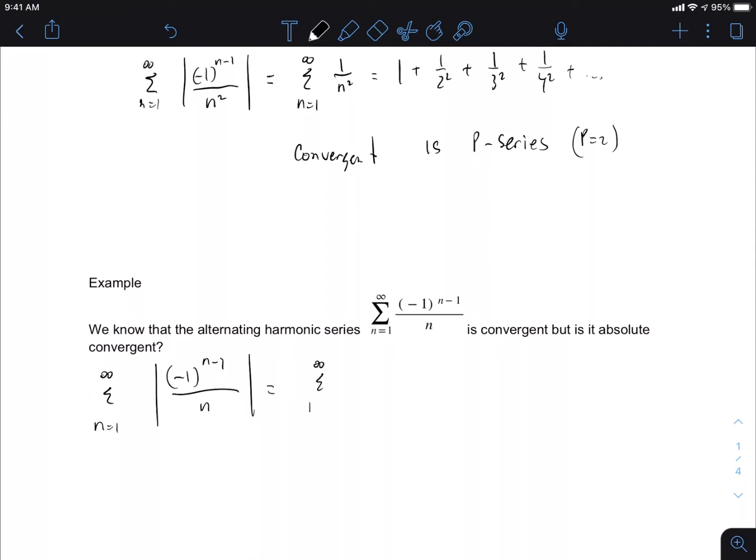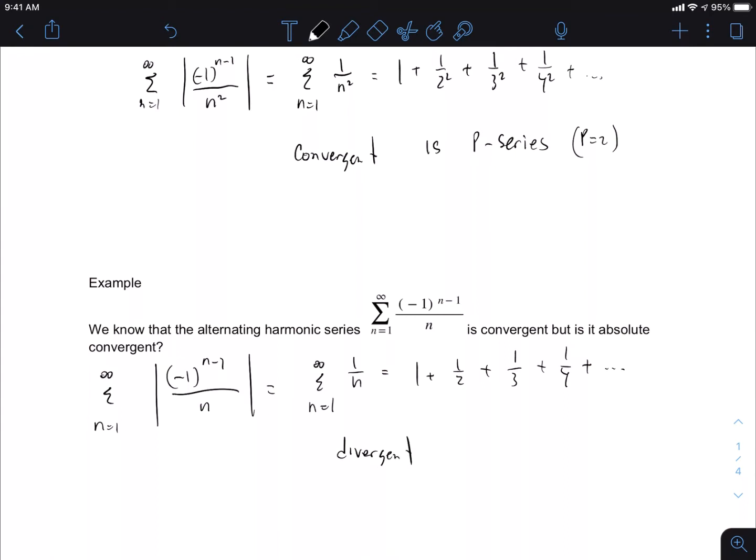So it's going to end up being 1 over n, and we know that 1 over n is 1 plus 1/2 plus 1/3 plus 1/4 plus so forth and so on. But this is also a harmonic series, and this harmonic series is going to be divergent.